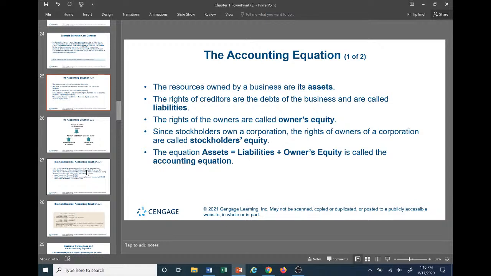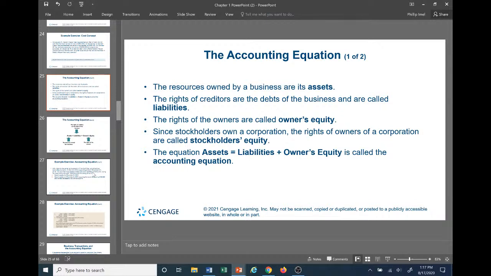The rights of the owners are called owner's equity. We have owners, and they have rights too, and that's owner's equity. Since stockholders own a corporation, the rights of the owners of a corporation are called stockholders' equity, right? So the accounting equation is assets equals liabilities plus owner's equity.